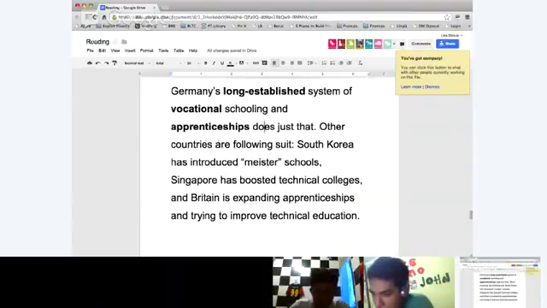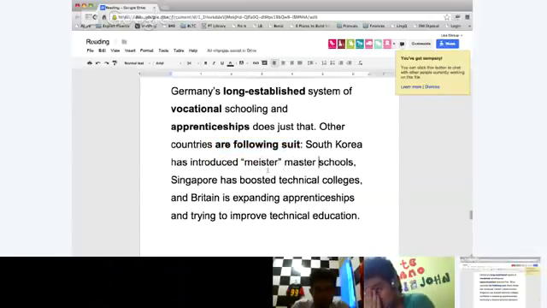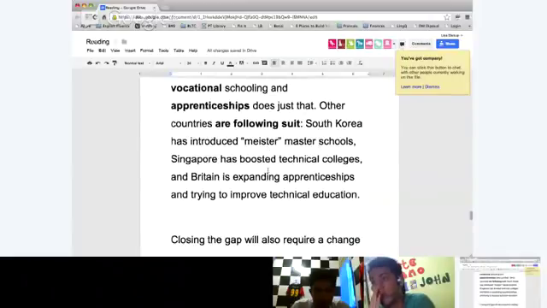And so these other countries are following suit. That's an English expression that means they're basically doing the same thing. They're following the lead of Germany. And this word Meister, that's a German word, and it just means master schools. And Singapore has boosted, that means made more.